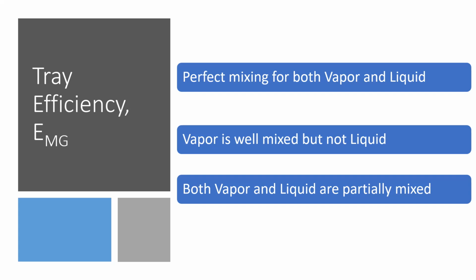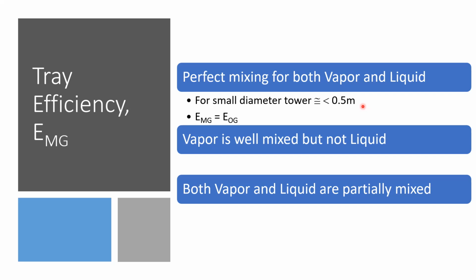So the first scenario is both of them are well mixed. The second scenario, only vapor is well mixed. And the third scenario is neither of them is well mixed. So let's see when we can see these scenarios. The first scenario, where both vapor and liquid phase are well mixed, we can see in a small diameter tower, which is if the tower diameter from chapter 4 is less than 0.5 meter.